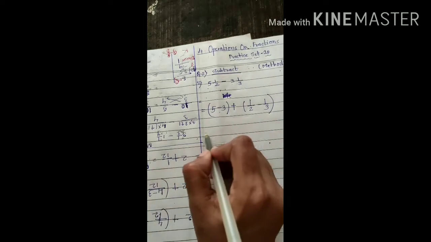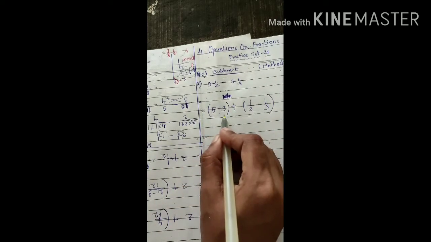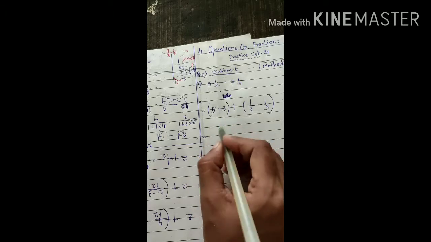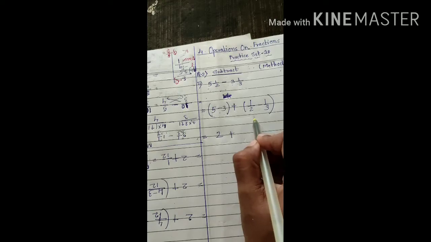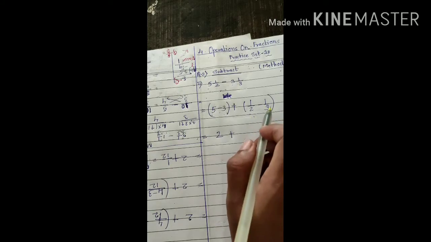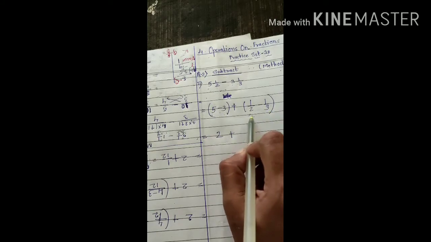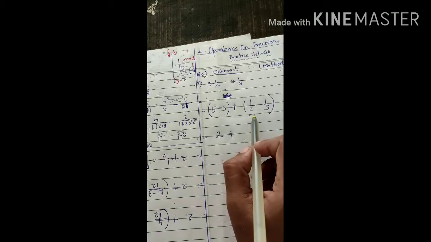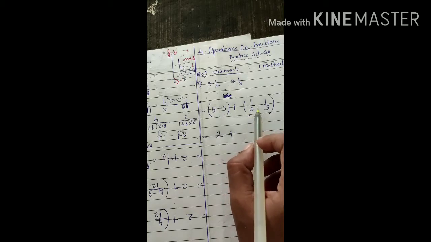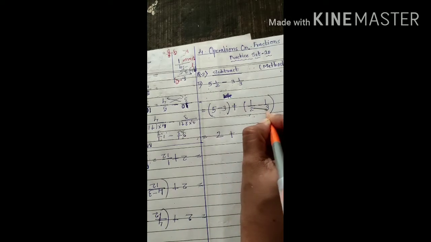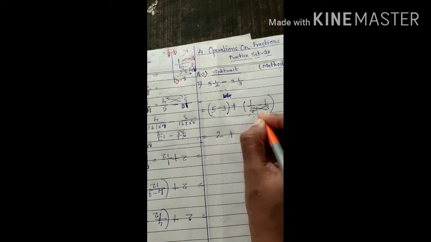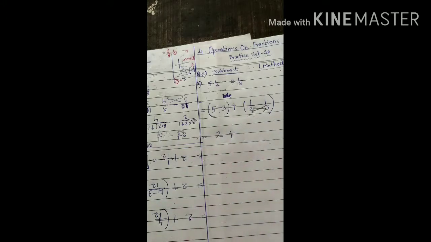Okay, first we subtract this integer number 5 - 3. How much? 2. Then see here the fractions. In these fractions you cannot subtract directly because your denominators are not the same. So first you have to equalize the denominators. So you take the LCM of 2 and 3. Or you can say cross multiplication of 2 multiplied by 3 and 3 multiplied by 2.